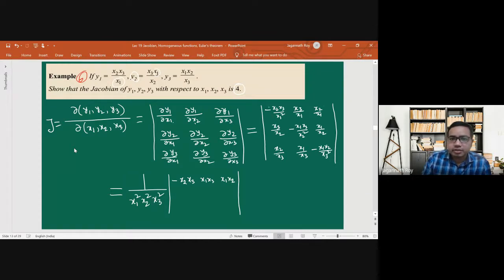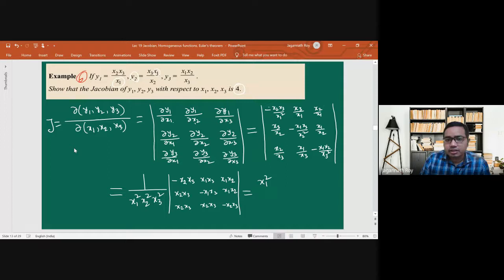Similarly, the second row will become x2 x3, minus x1 x3, and this is x1 x2. Third row will become x2 x3, x2 x3, minus x2 x3.